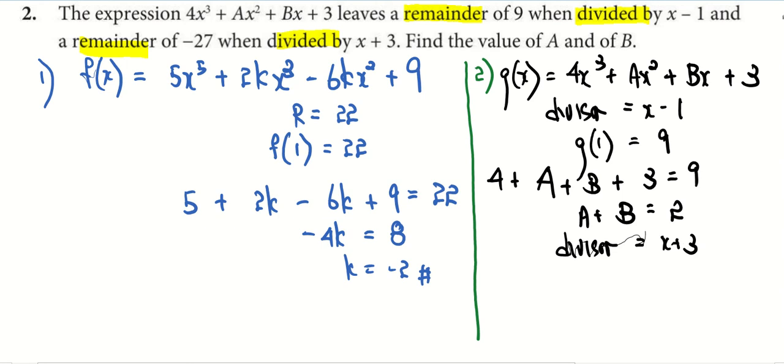If my divisor is x plus 3, what value of x do I put inside? And what is my remainder? So same thing, now you need to replace your x by negative 3.